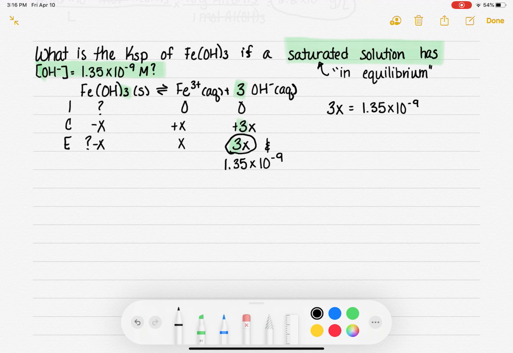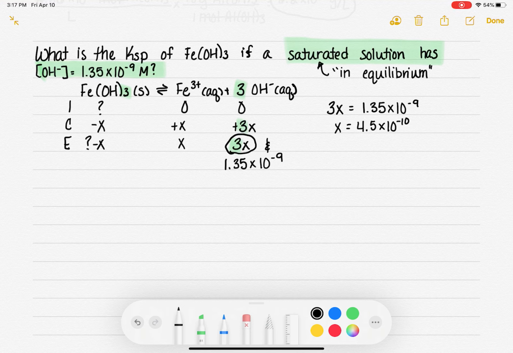Those are two different ways of expressing the same thing. They are equivalent to each other, which means that we can use this to solve for the value of X. X is 4.5 times 10 to the minus 10.